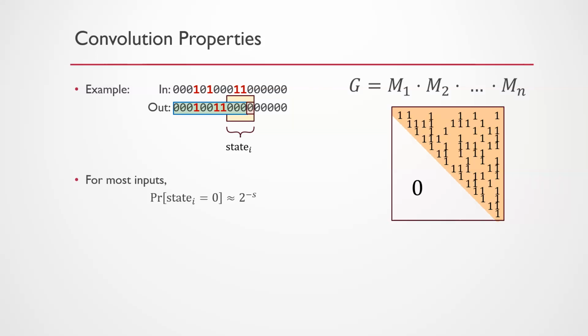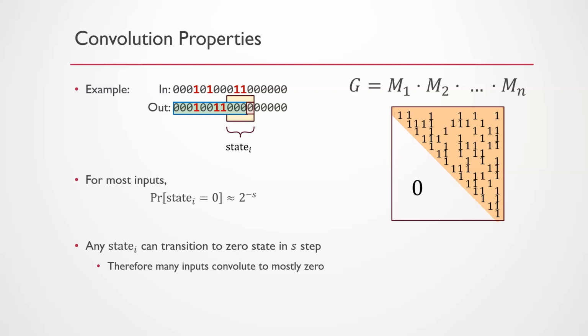So although this convolution can fail us in that it could start producing messages or code words with not very many ones, overall it does a pretty good job, in that for a random input, it's unlikely to transition to this so-called 0 state. While it's unlikely, it certainly does happen. If you have full freedom over the input, it's quite trivial: you just pick the input so that this sliding window becomes 0.